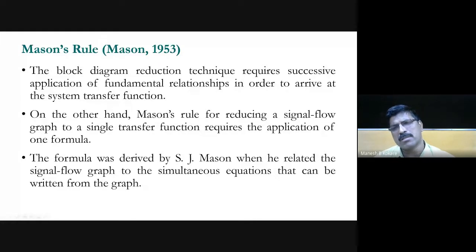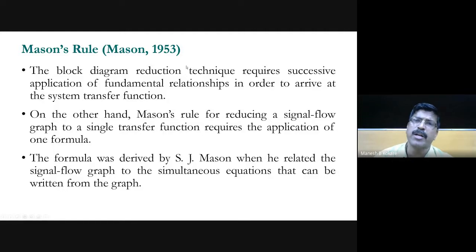With this method, you don't have to reduce any block diagram. Just from this graph, you have to identify which are the forward paths, the feedback paths, the 2 non-touching loops, and the 3 non-touching loops, and then put those values in the formula. You'll get the overall transfer function of that system directly.